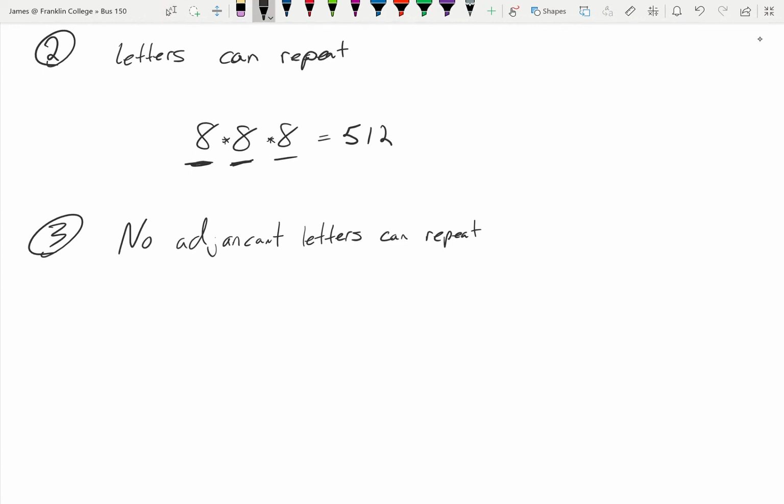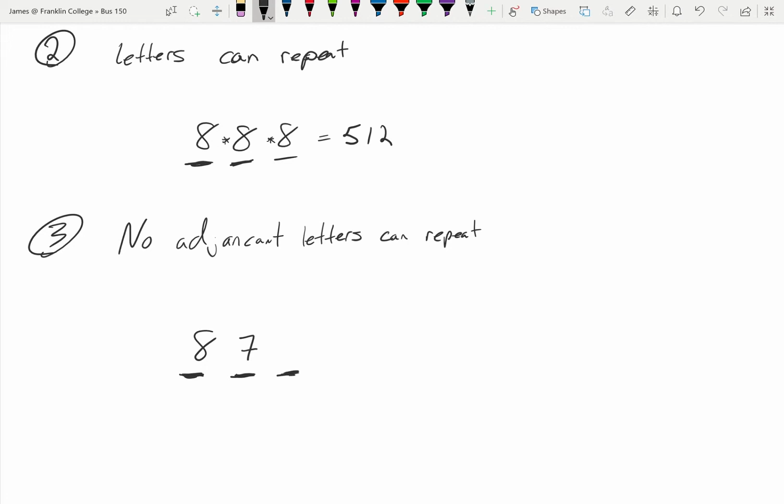So let's think about this once again in our 3 spots. There are 8 letters available in the first spot. Whatever letter was chosen for the first spot is not going to be available for the second spot. So that means that there are 7 letters available in the second spot.